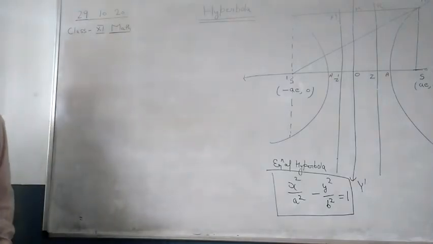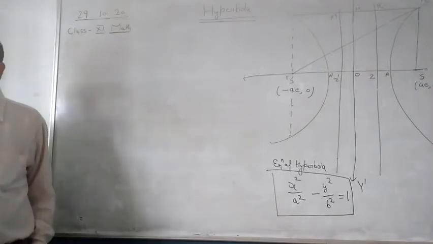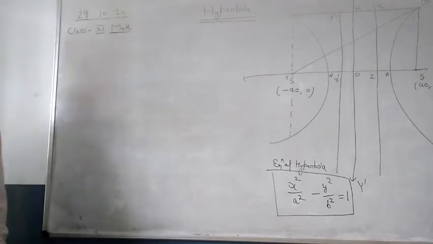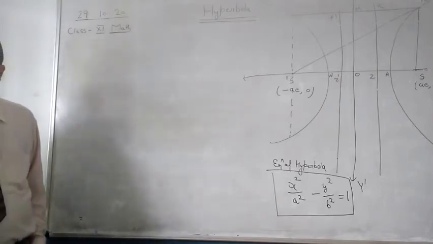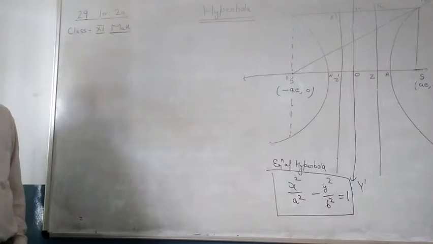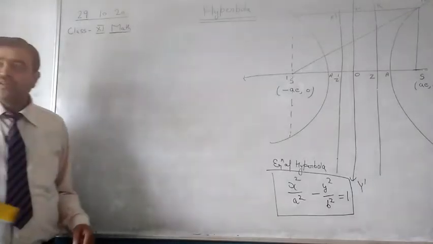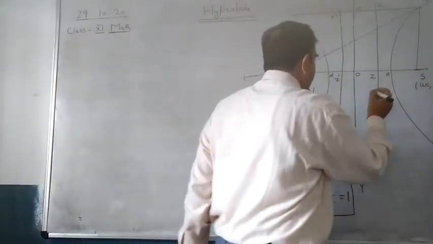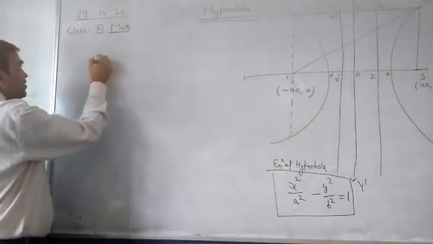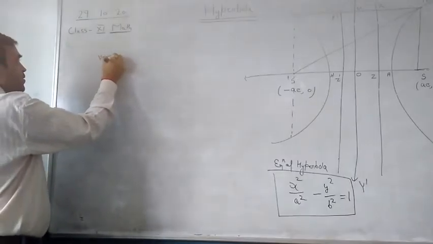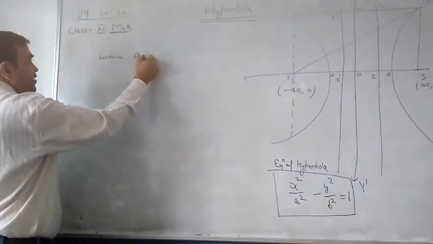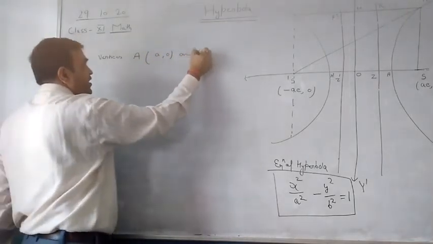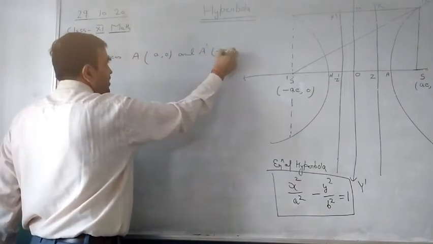Now, some more important points about hyperbola. First, vertices. The coordinates of the vertices are (a, 0) and (minus a, 0).